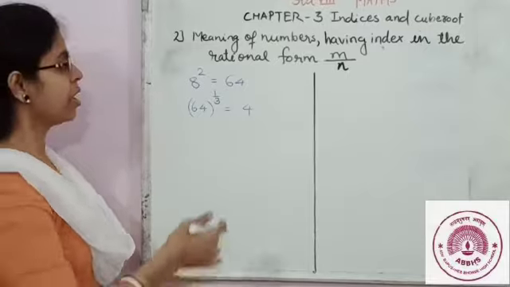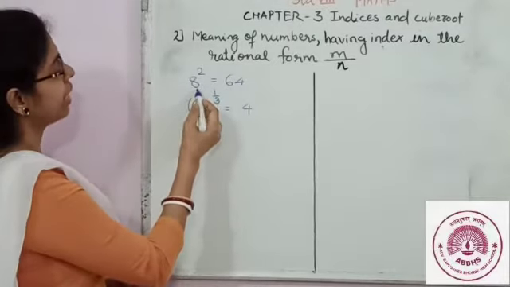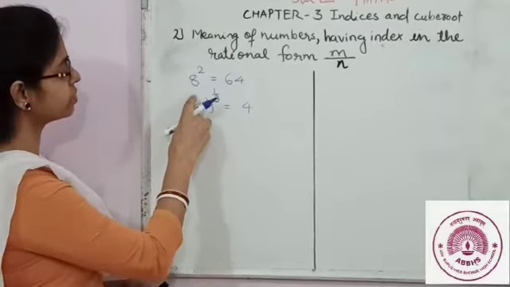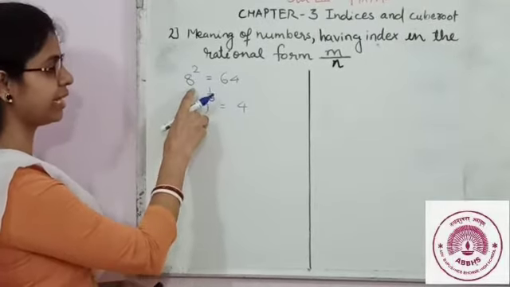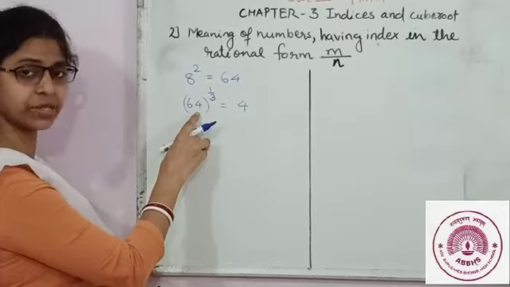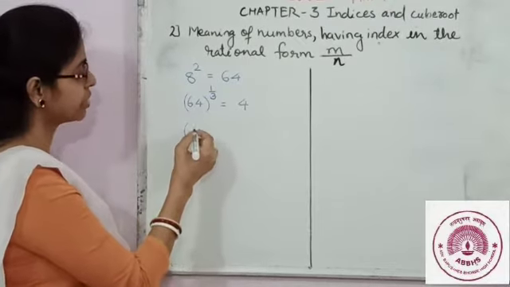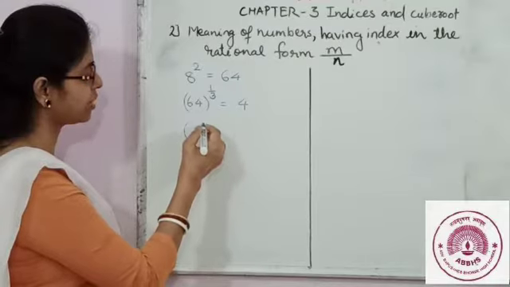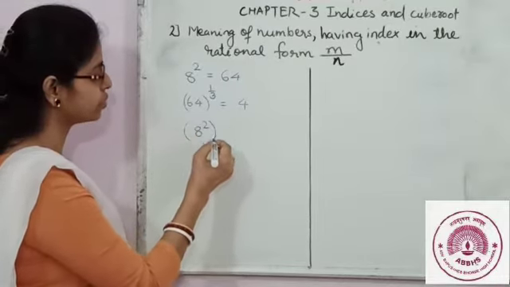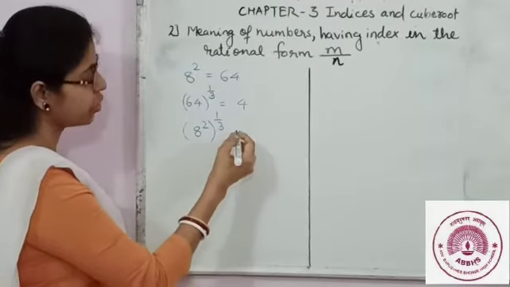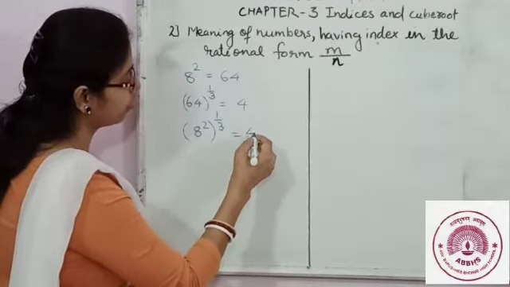Right? Now children, see this. 8 square is 64. So in place of the 64, we can write 8 square, because 64 is 8 square. So let's write down, in place of 64, 8 square raised to power 1 by 3 as it is, which is equal to 4.